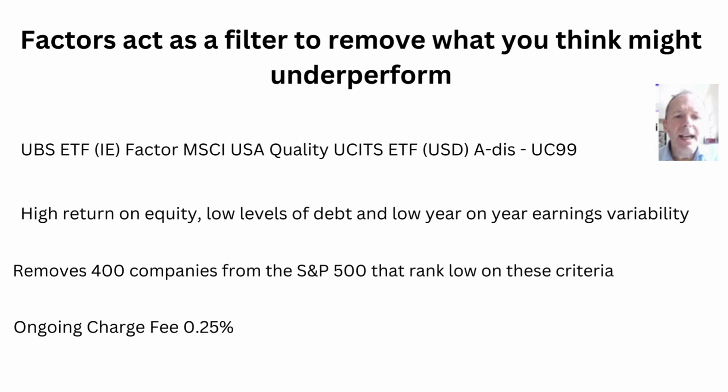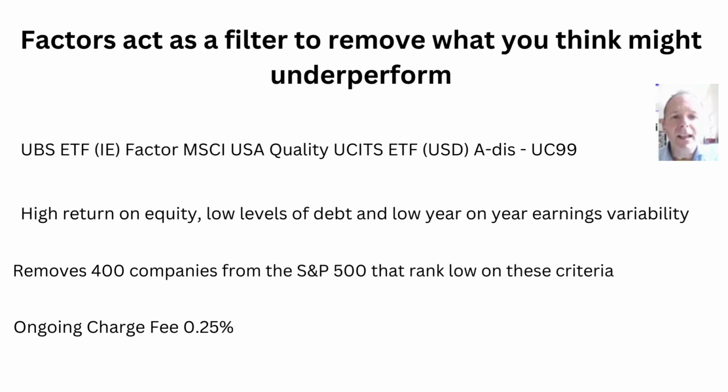So the UBS US Quality ETF UC99 looks for a high return on equity, low levels of debt, and low year-on-year earnings variability. It then removes 400 companies from the S&P 500 that rank low on those criteria.